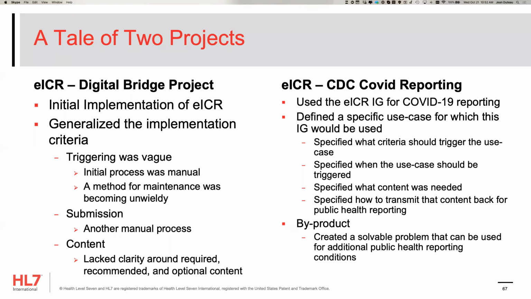And then there was the submission aspect of it. How were we going to submit it? Was it going to be some sort of direct submission? Was it going to use, i.e., the Direct protocol? Was it going to go through some sort of network? How is it going to be passed?